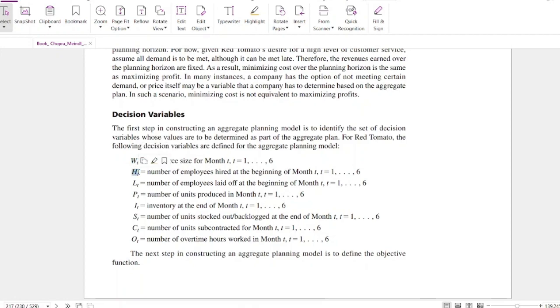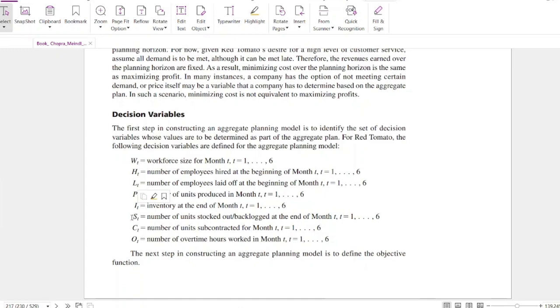What is the number of employees I will be working with? If I want to do some layoff, I mean someone I don't want in my workforce. What is the number of products I want to manufacture? What is the inventory I'll be holding?